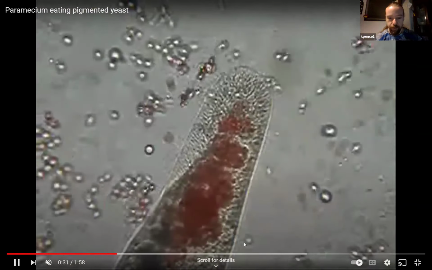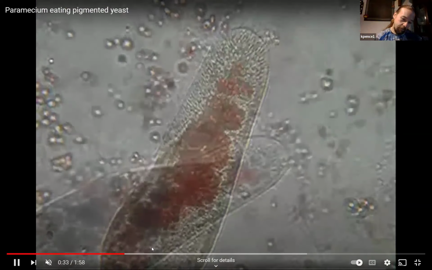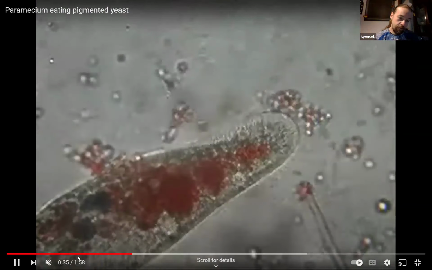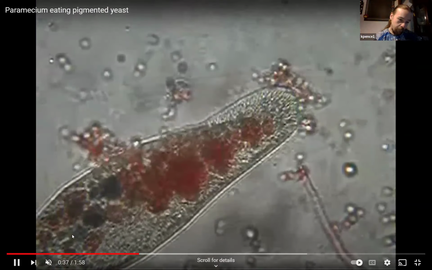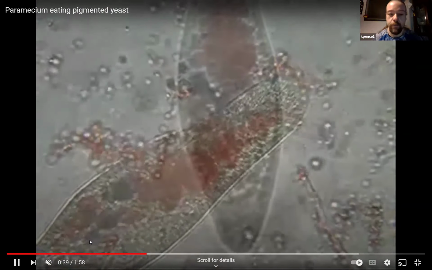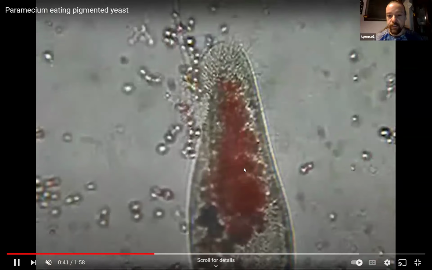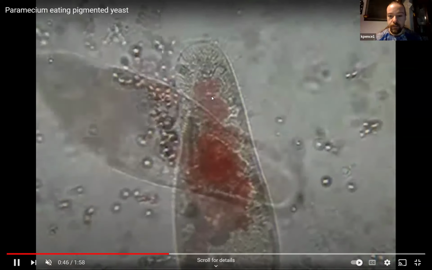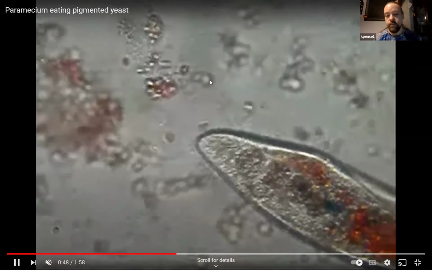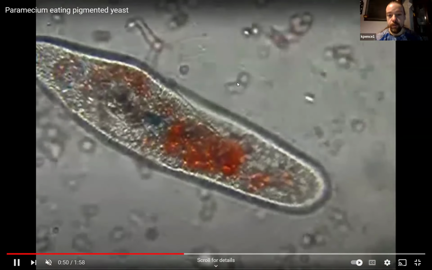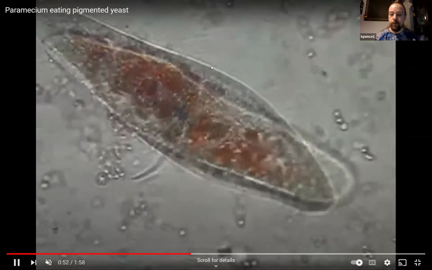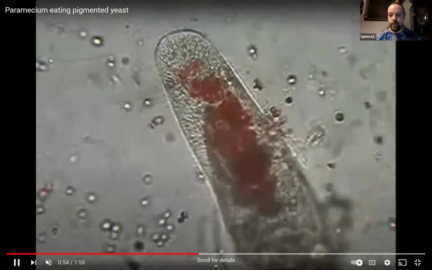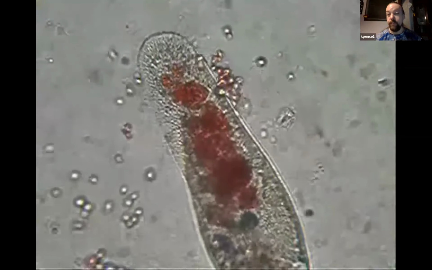So on the other end, right down here, it shows it again. There's a large nucleus, and that nucleus is where all the DNA is being held. And since this guy has a nucleus, this is going to be a eukaryote. The yeast cells in the background, the little white particles, are also eukaryotes. So they're much smaller. You can see that they're both eukaryotes, but the size difference ranges dramatically.